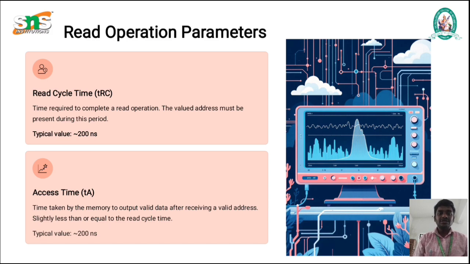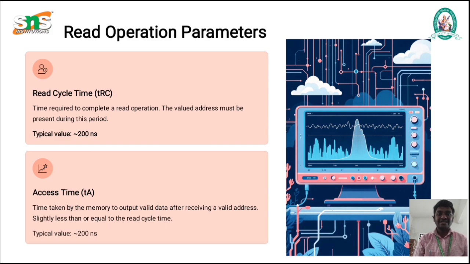The valid address must be present during this period. Typically its value is approximately 200 nanoseconds, which is very fast. This is one of the parameters of the read operation.